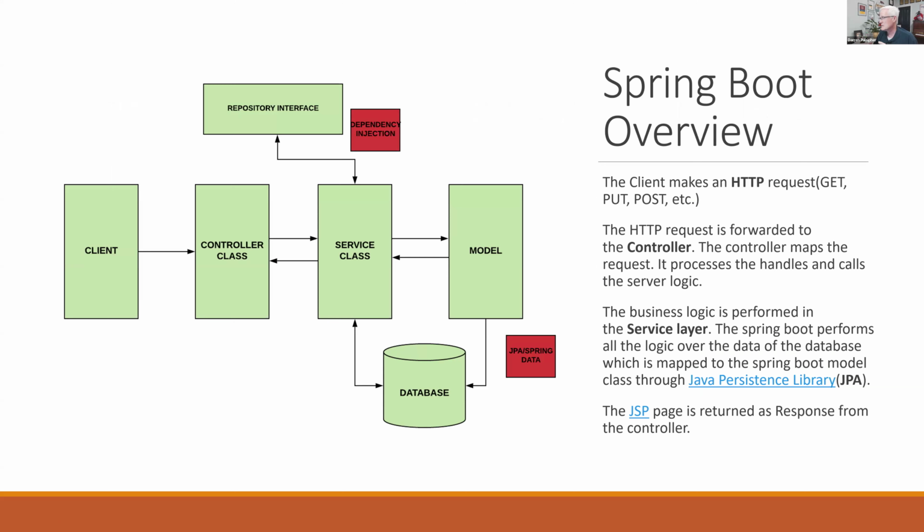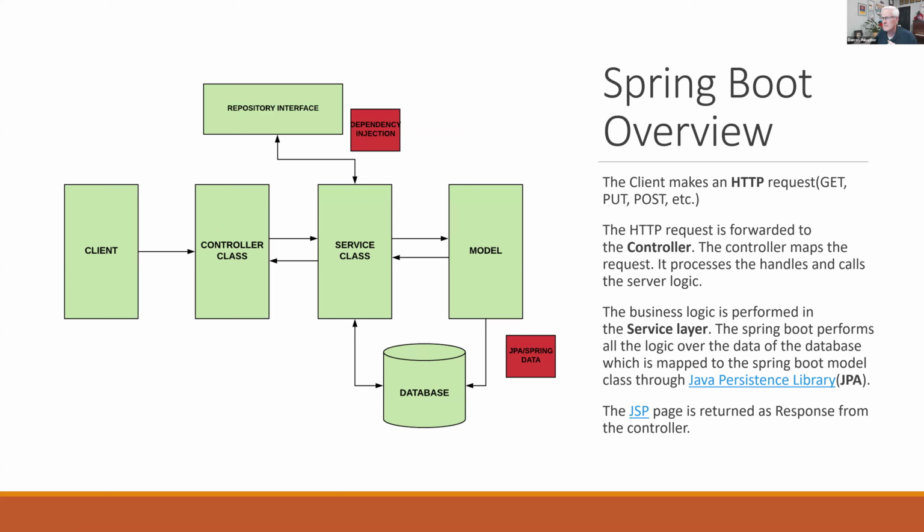And that's very similar to the model view controller concept. So if I look here on the left, a client, which could be a web interface, an application, or another microservice, is going to communicate with the application or the microservice through a controller class. These are HTTP requests.